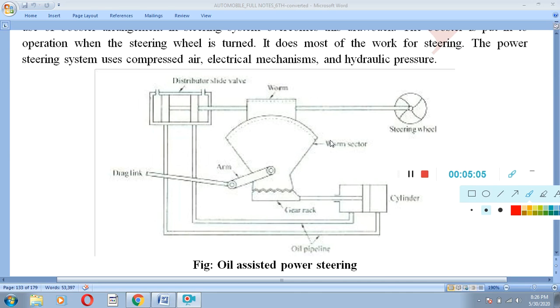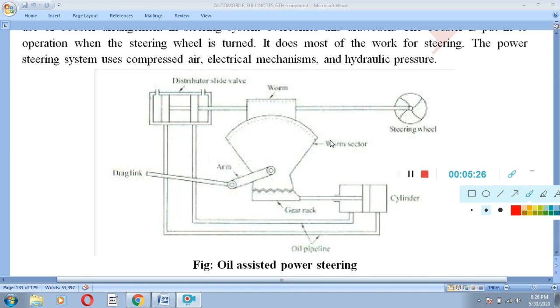The worm sector will be turned and hence actuate the arm. The arm in turn actuates the road wheels through the drag link.